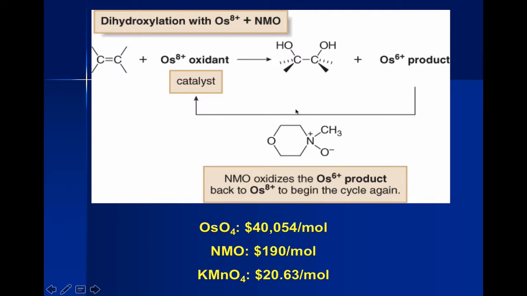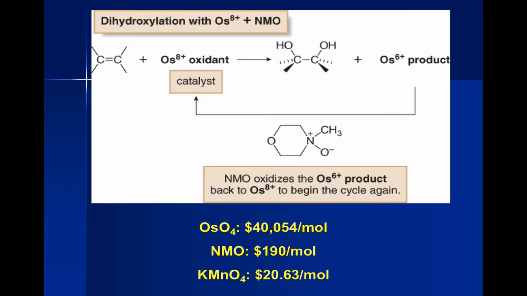It's a reasonably good oxidant, and it will oxidize osmium +6 back to osmium +8, which begins the cycle again. So this is our stoichiometric oxidant used to regenerate our catalyst so it can continue to do this chemistry. It's very important that we have a catalytic reaction for osmium because, again, osmium is very toxic, so we don't want to use a lot of it.